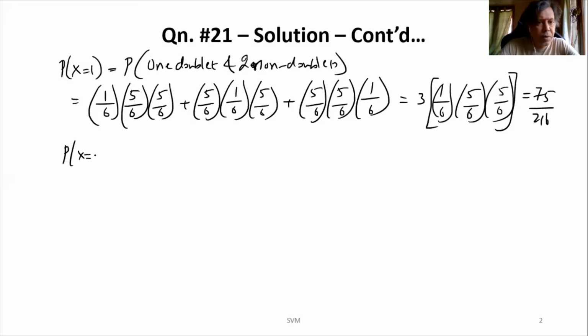Then, what is the probability of getting two doublets?